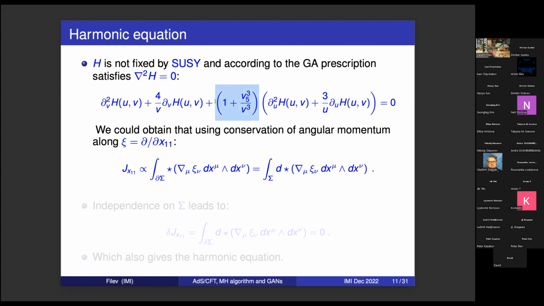Because of the M5 branes. And you can actually obtain this by using conservation of angular momentum. Or you could reduce to 10 dimensions and use the Einstein equations. It's going to give you the same result, the same equation.